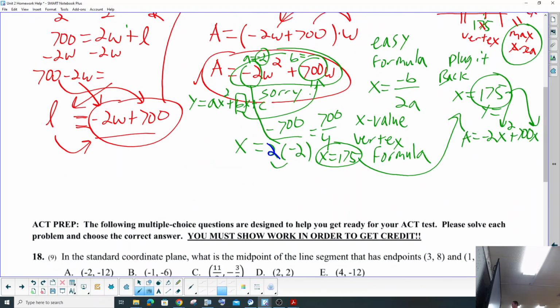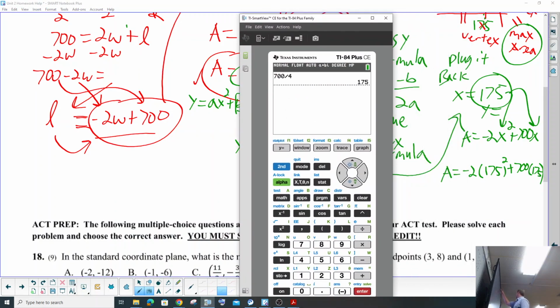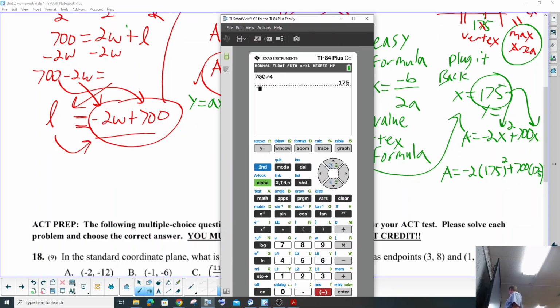And so that's going to give us our y value. That's going to give our maximum area. So that's negative 2 times 175 all squared plus 700 times 175. We plug that in. Careful: negative 2 times 175, close parentheses, squared, plus 700 times 175.